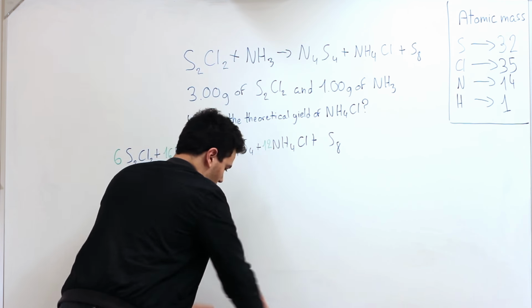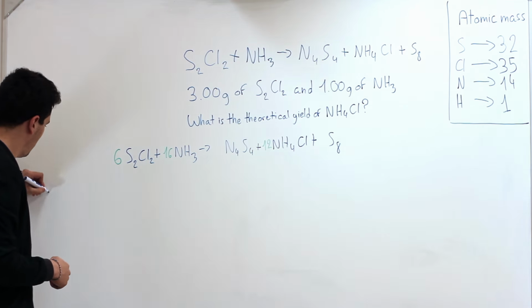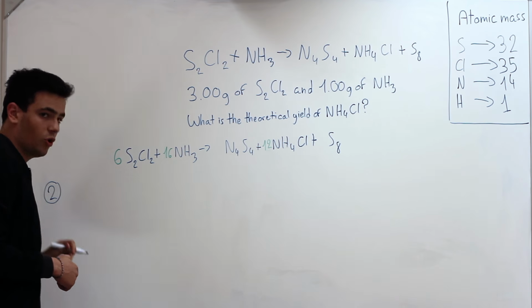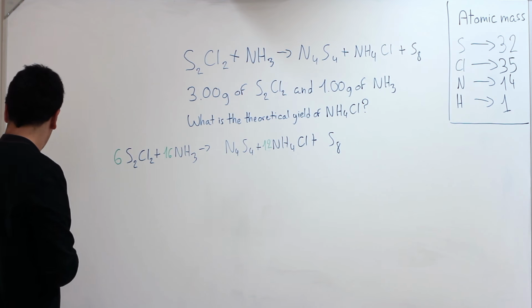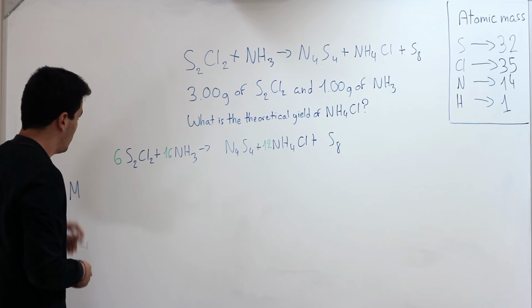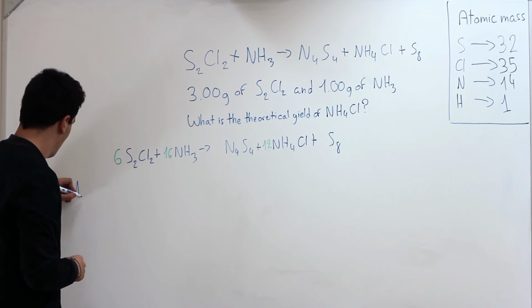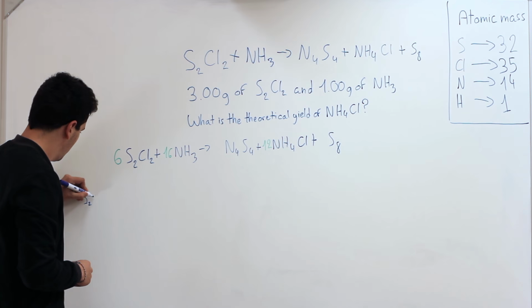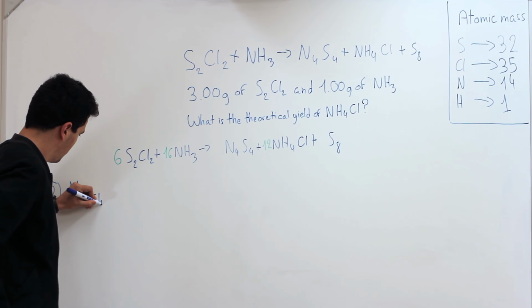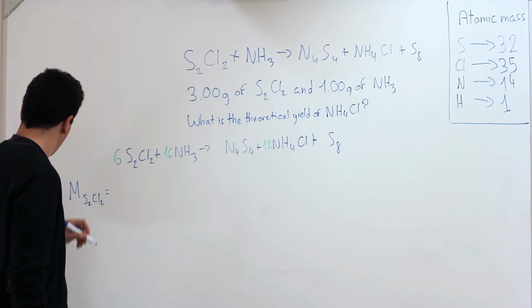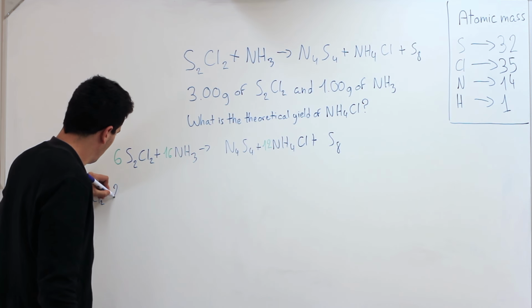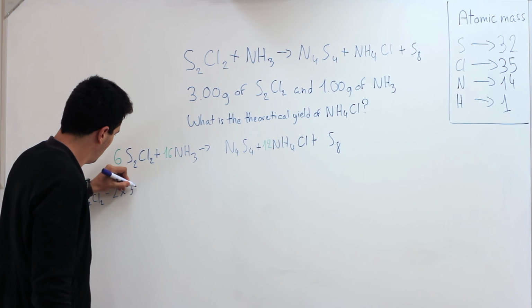The first thing we'll need to do is calculate the molar mass. We're going to start with the molar mass of S2Cl2, which is equal to 2 times 32.